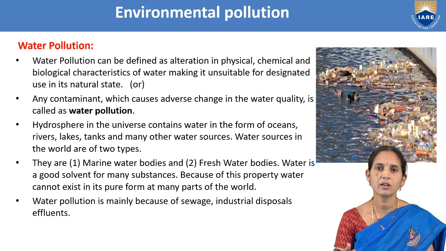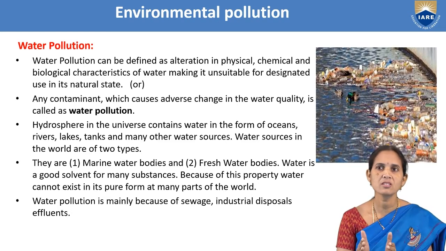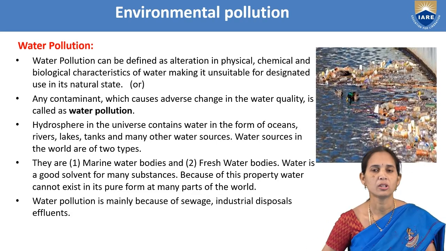For example, in the diagram we can see people throwing plastic in the water, and throwing organic waste, food waste, directly into the water. All these are contaminants. So any contaminant which causes adverse change in the water quality is called water pollution.